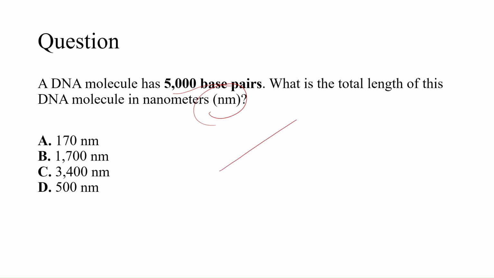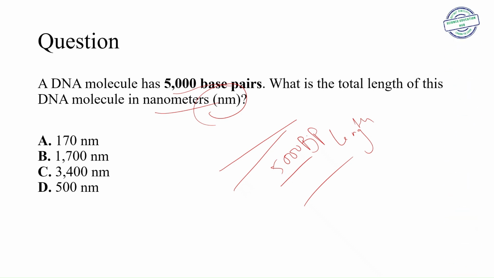If it is 5,000 base pairs in length, what would be the length in nanometers? Is it 170, 1700, 3400, or 500 nanometers? Please drop your answer in the comment section.